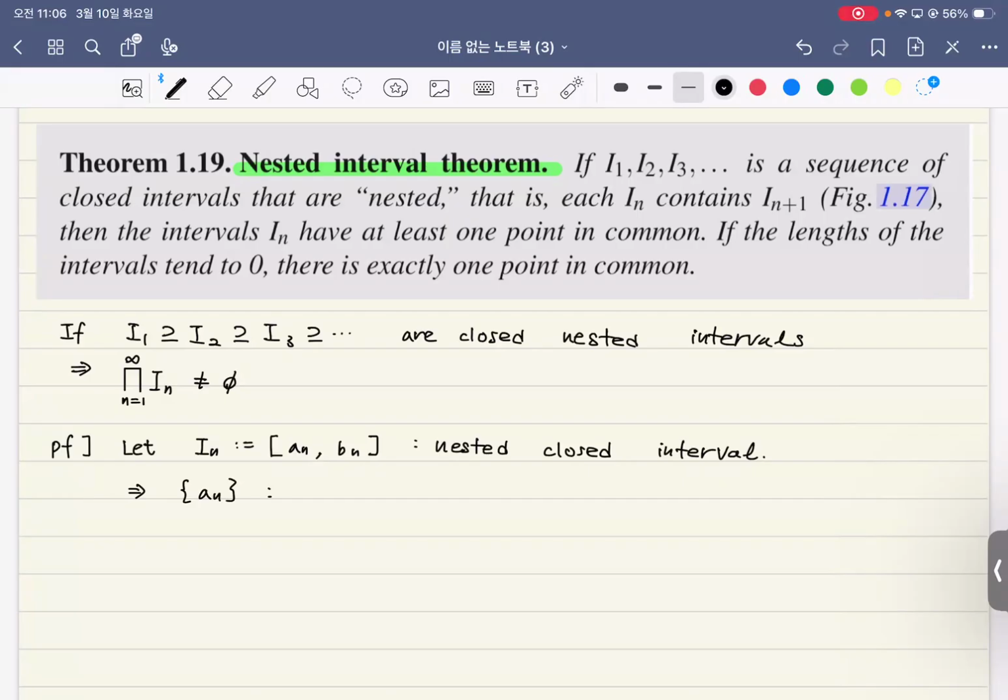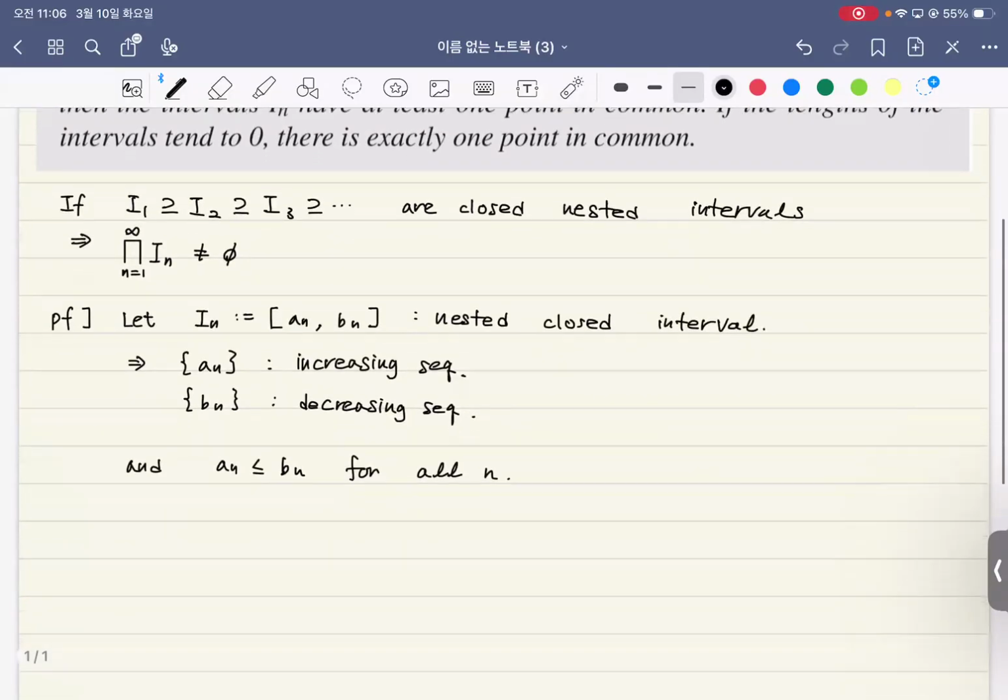So we can find an increasing sequence An, and the other one, Bn, is a decreasing sequence. And obviously, An must be less than or equal to Bn.